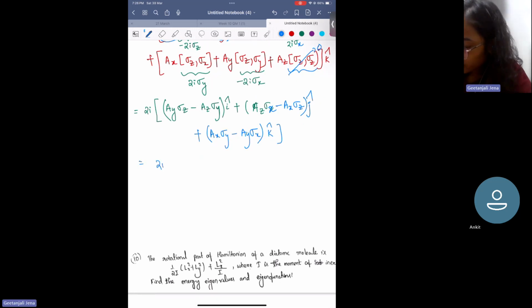If you see this expression, it is nothing but the curl of A with sigma.